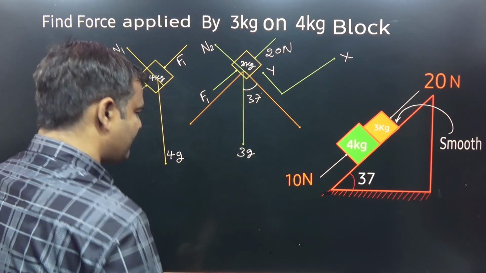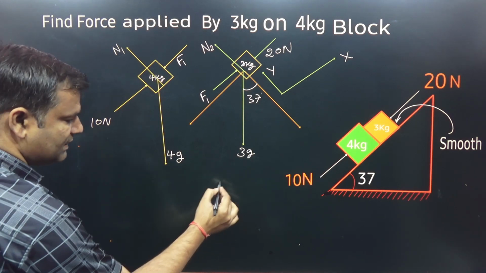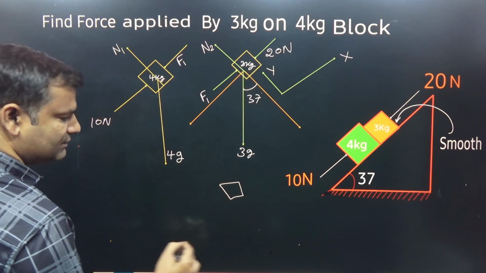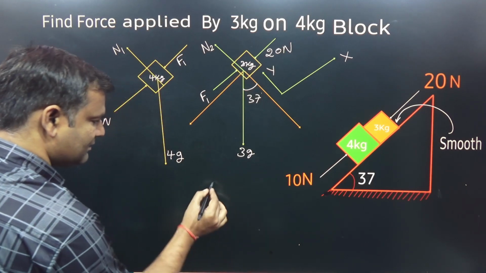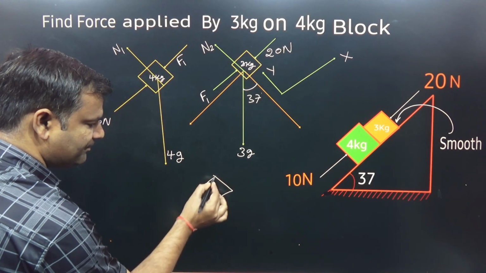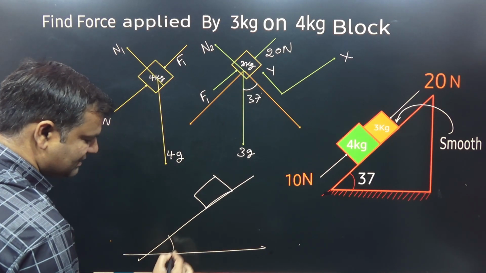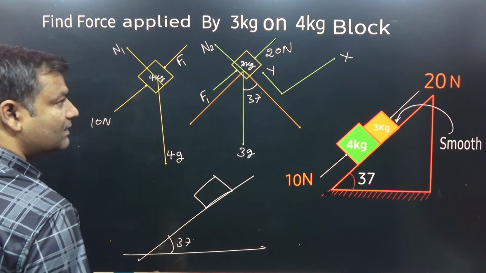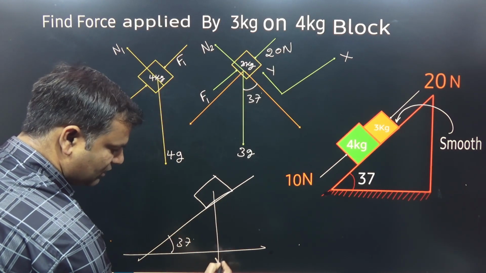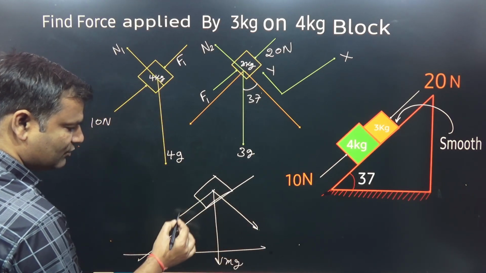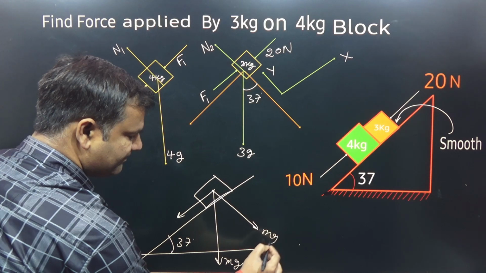Why? Look here. Why are we saying this? Suppose that block, sorry, the block represents like that one. This one is an inclined plane and that is 37 degree. Clear? mg works downward and has two components here.